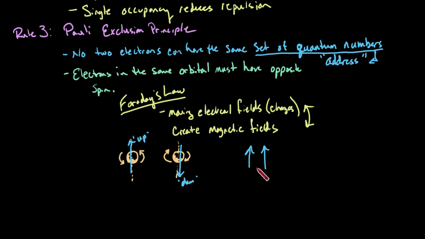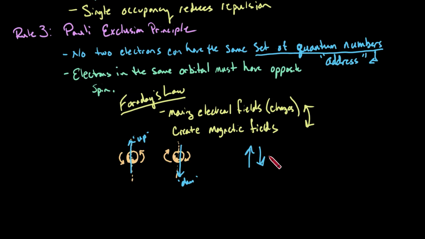Yeah? But if you flip the spin, they're more attracted to each other, or the magnetic attraction overcomes the electric repulsion, which allows two electrons, now they can tolerate each other in the same orbital.